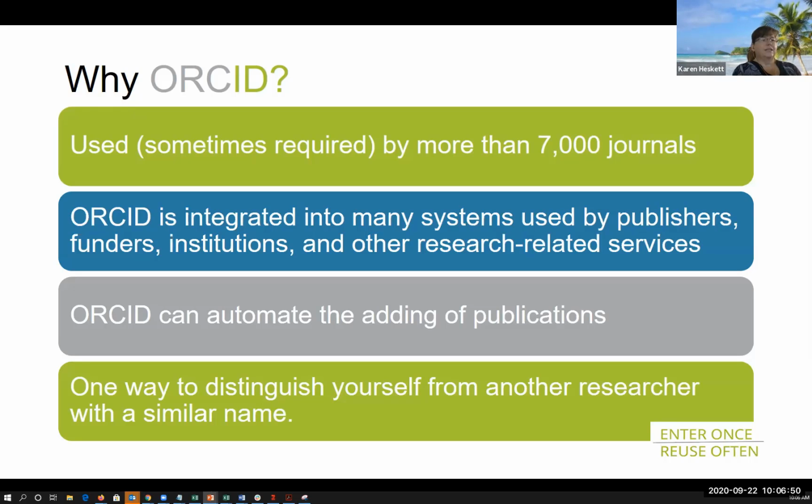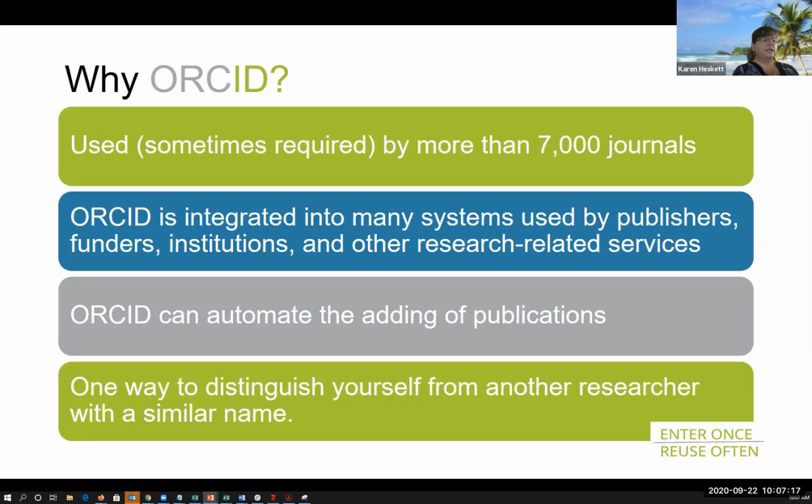It is integrated into many systems, not only by the publishers, but also here at UCSD. And we're hoping to build that out so that your promotion and tenure process is a little bit more point and click, instead of trying to create a CV and get all of those details in a more labor-intensive way. So stay tuned for good news on that front, hopefully.